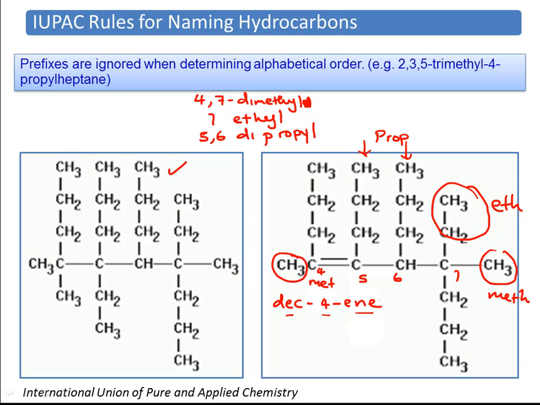Now, with this one, we don't have to worry about adding up these numbers because it doesn't matter. As long as our double bond has got the lowest locant number, that's fine.